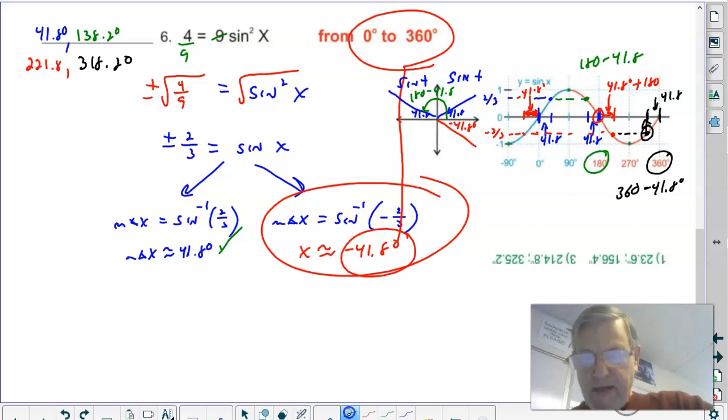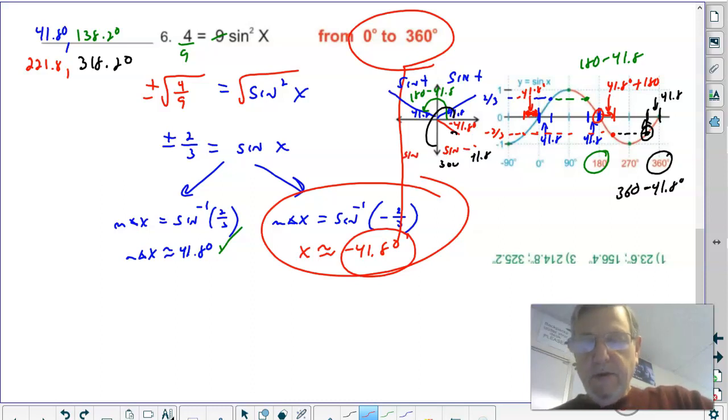All right, so I'll do the black one first on this model. So how do you get to that? Go all the way to 360 and subtract out the 41.8. Notice here, the cosine is, sine, excuse me, I'm doing the sine. Let me erase that, it's ugly. Got rid of too much stuff, but that's okay. So sine is negative in quad 4.